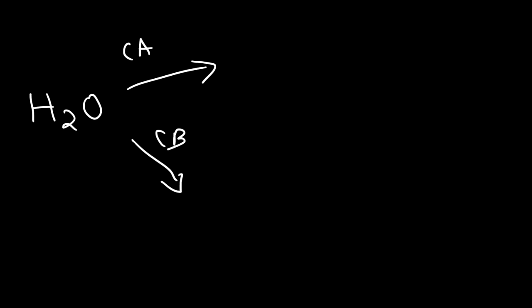Now let's say you're given water and you want to write the conjugate acid of water and at the same time the conjugate base. What is the conjugate acid of water? Whenever you want to find the conjugate acid of something, all you need to do is add H+ to it. So you're going to add a hydrogen and increase the charge by 1. So this is going to turn into H3O+.